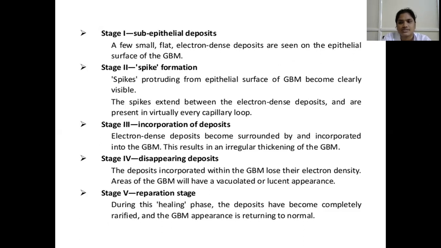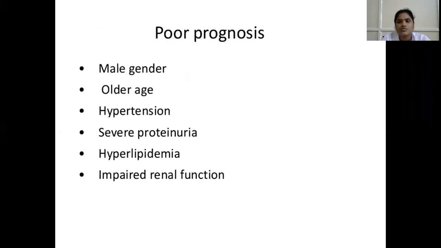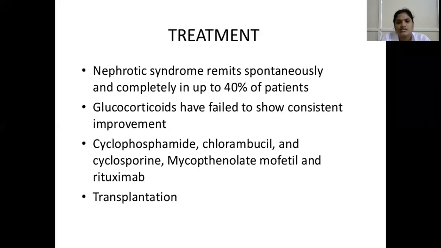These are the stages. Poor prognosis is usually seen in males, old age, hypertension, severe proteinuria, hyperlipidemia, and impaired renal function. Treatment usually remits spontaneously and completely in up to 40% of the patients.